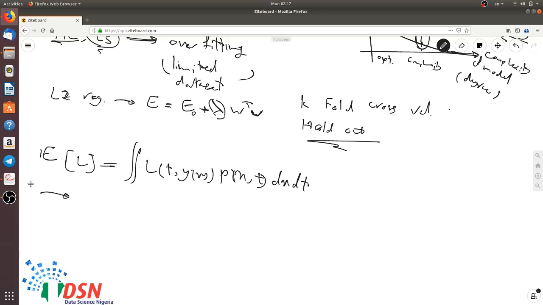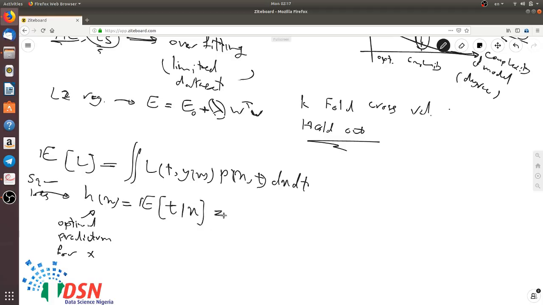We concluded that if we choose a squared loss as the loss function, the optimal decision is to set h of x, the optimal prediction for x, equal to the expected value of t given x, which is the integration of t times the conditional probability of t given x, dt.